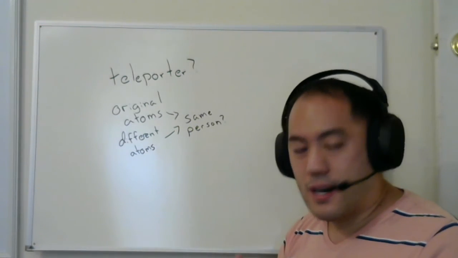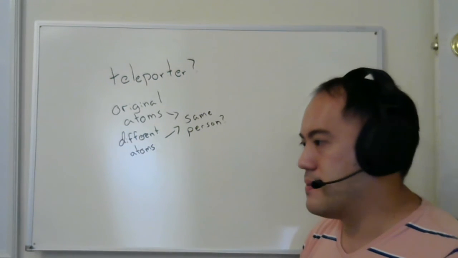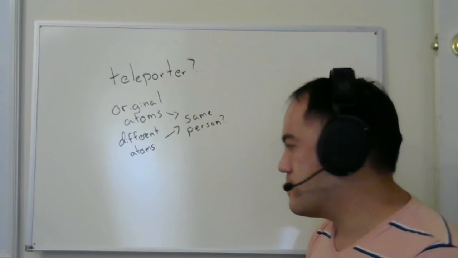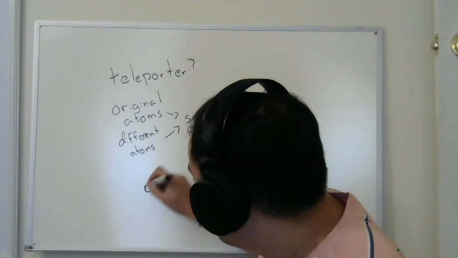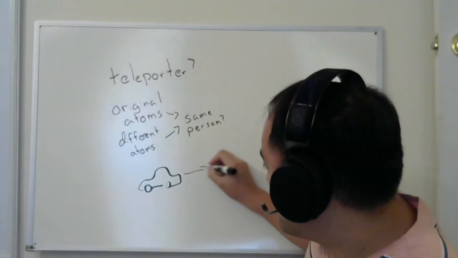And obviously, a whole person is a very, very complex system. We're going to keep it much, much simpler. Let's just say a car going 60 miles an hour.